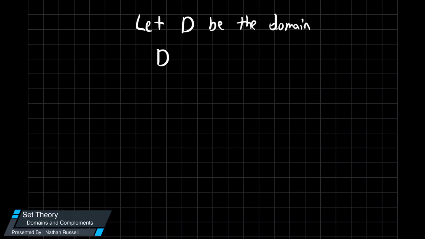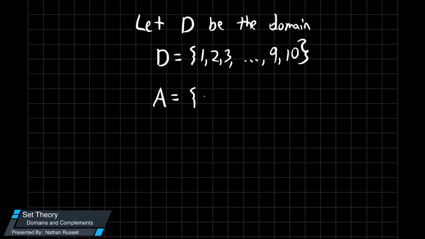And I will define what D is down here, where we say maybe it's 1, 2, 3, ..., 9, and 10. And then I'm going to define a set A. Now when we define a domain, everything in set A should be a subset of D. So A should be a subset of D. So A could be the set of elements 1, 5, 7, and 9.